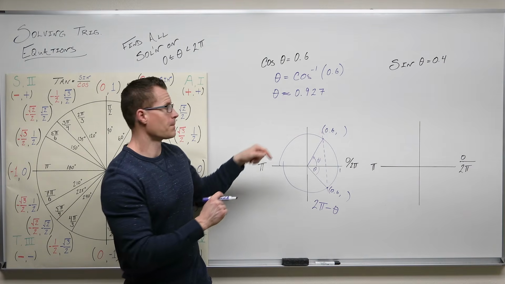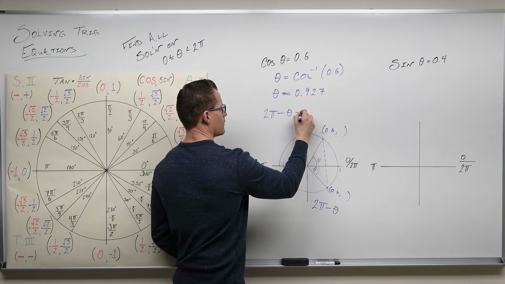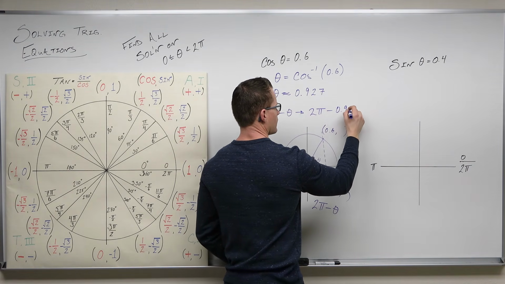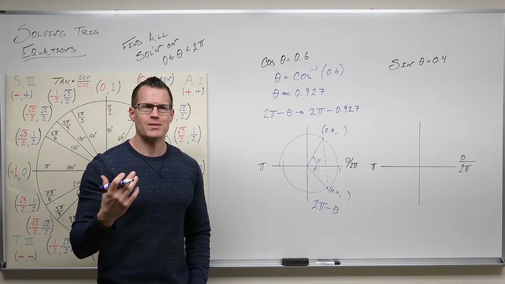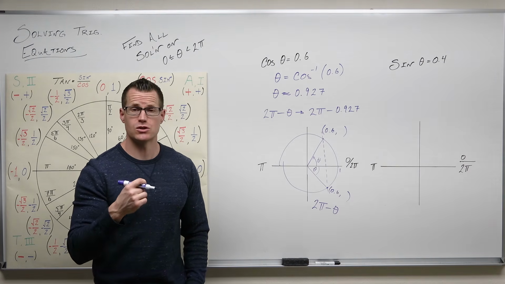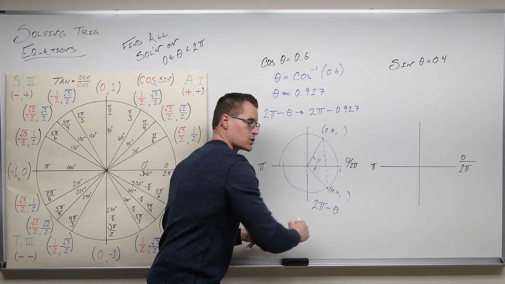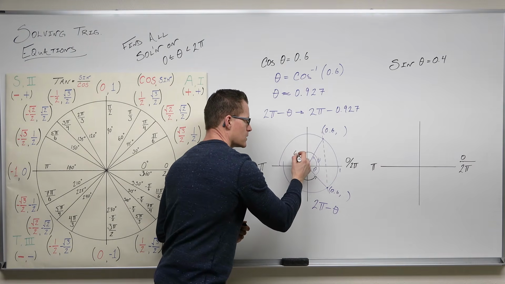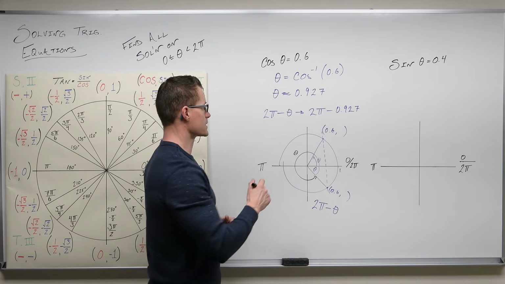We found it. 0.927 is the number of radians. Wait a minute, 2 pi is in radians, so 2 pi minus 0.927 is going to give you another angle. Specifically, it's going to give you this angle that goes all the way from here to here. That's the other angle that we would have. It's about 5.36.